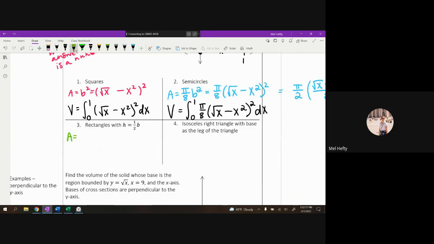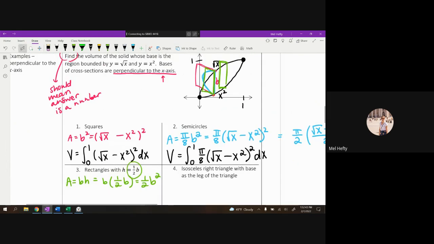Rectangle is base times height, right? Oh, but we know what the height is. So base times 1/2 the base. So if you thought about this as taking the square but cutting it in half, you could also think of it that way. B squared over 2, whatever you want.